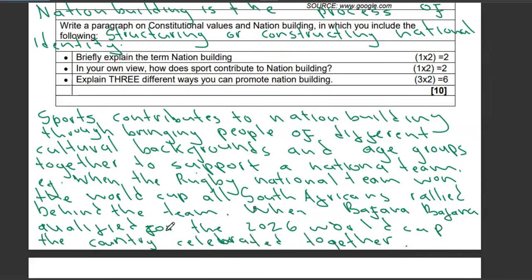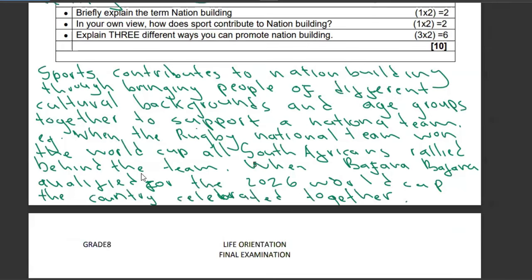Then three different ways in which you can promote nation building. So other different ways which you can use to promote nation building include the following.